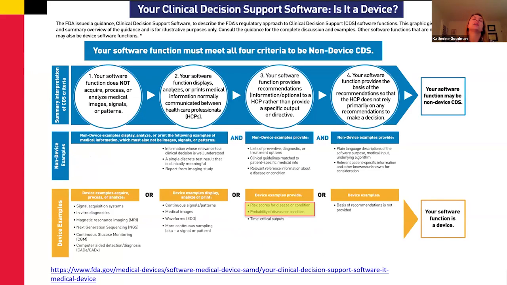And I say this because, don't worry about the details here, but this is a graph that outlines all the lengthy document of what will make something that's a clinical decision support tool qualify as a regulated medical device or not. And I just want to call your attention to the yellow box here, where in particular, FDA has phrased things that if it's giving a risk score for a disease or condition, or a probability of disease or condition, and arguably some type of diagnosis, it will probably be a device.